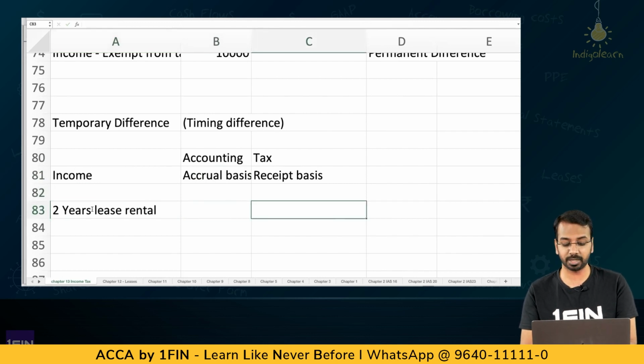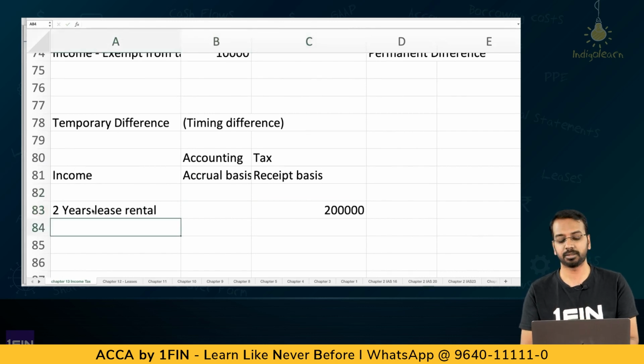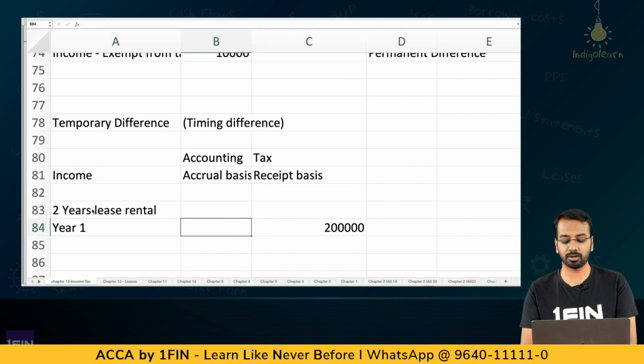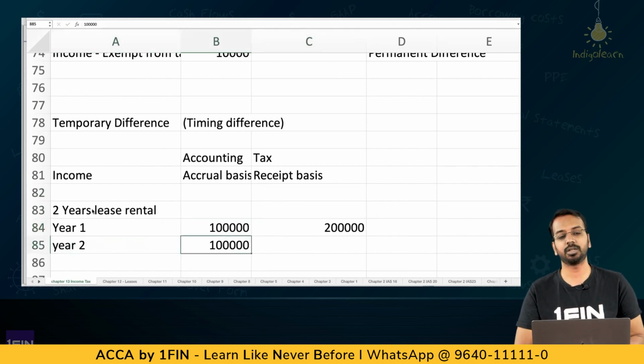Tax says the entire 2 years lease rental, 2 into 100,000, 200,000 you have to tax. In which year? This will be year 1. Accounting we say 100,000 in the current year, and in year 2 100,000 in the subsequent period, right? So in year 1 100,000 was offered as income, but for tax it was 200,000.